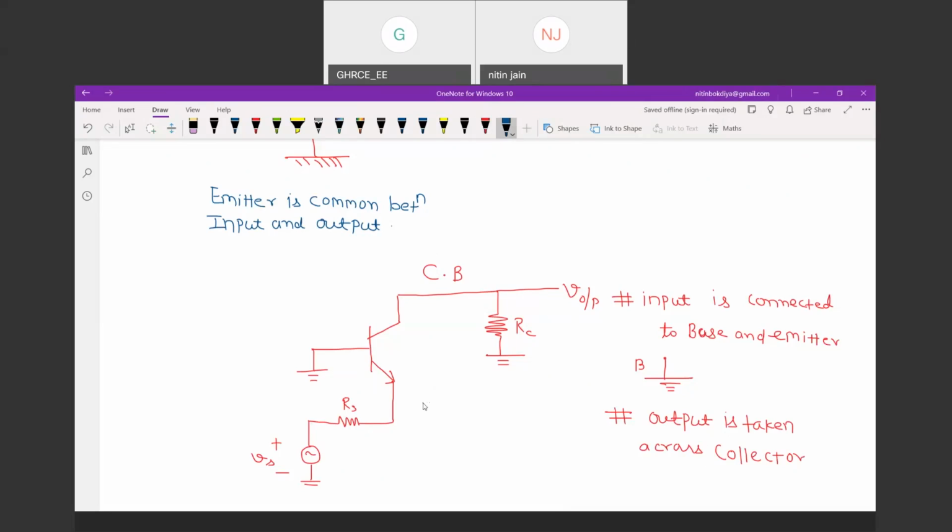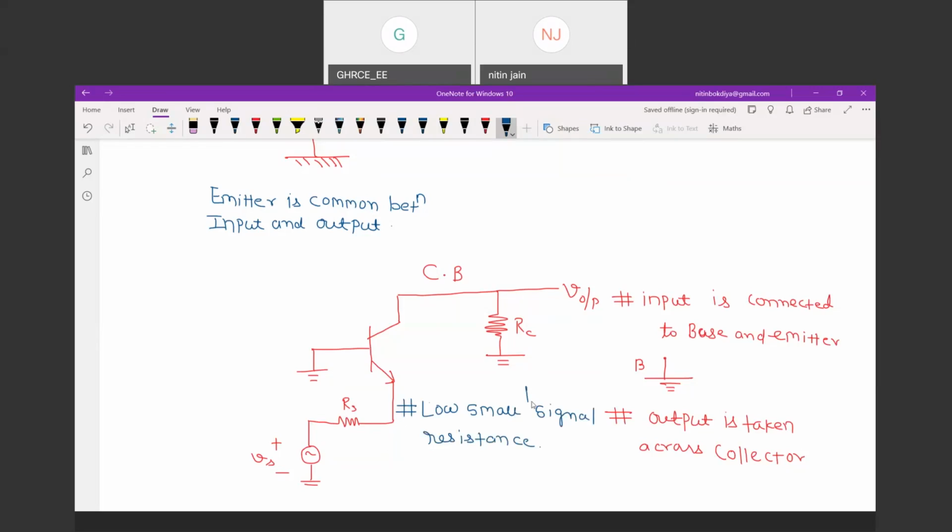This is for low small signal input resistance and high output resistance.